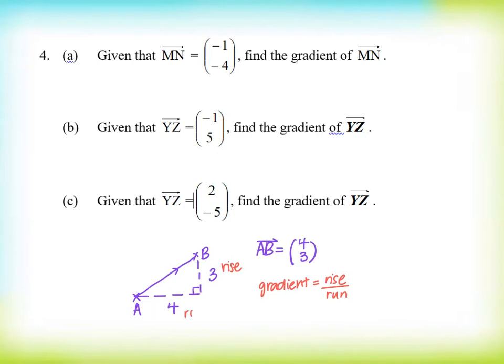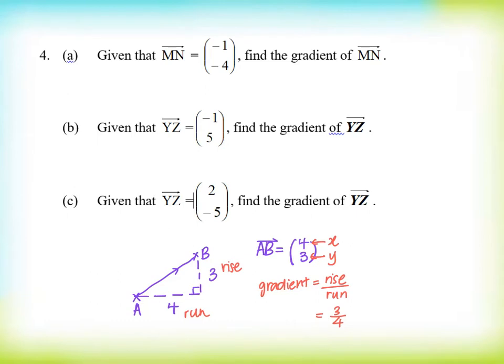The run will be 4 units. So in this case, the gradient will be 3 over 4. That means I'm going to take the y value divided by the x value, and that will give me the gradient of the vector.